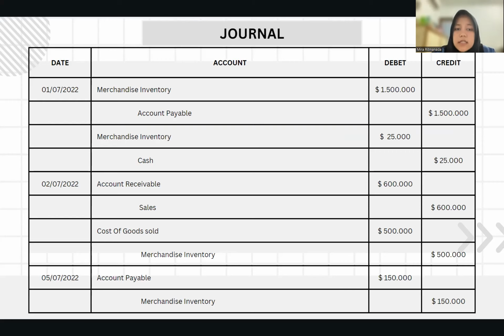So this transaction will be recorded as merchandise inventory increasing on debit and accounts payable increasing on credit by $1,500,000, and then we have to journalize the freight cost as merchandise inventory on debit while cash on credit by $25,000.